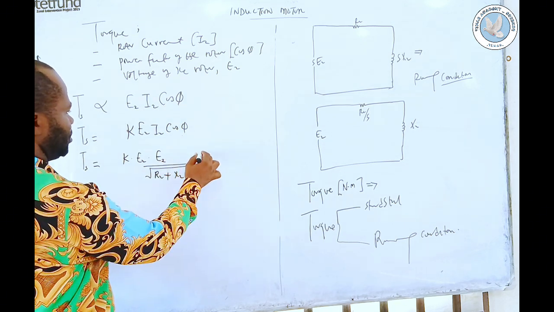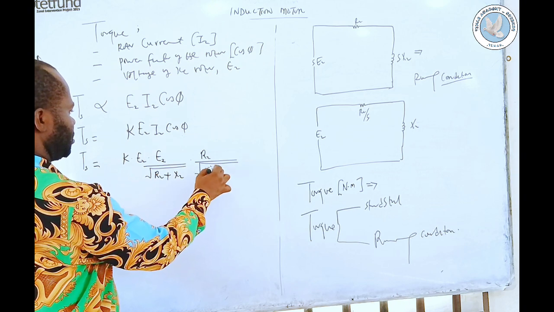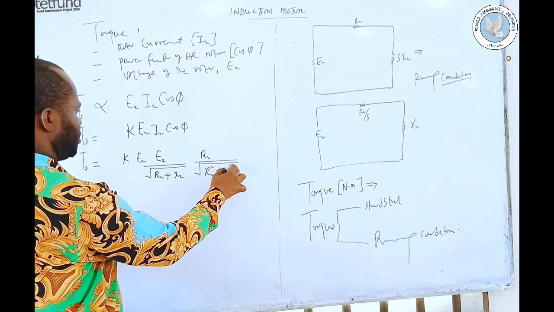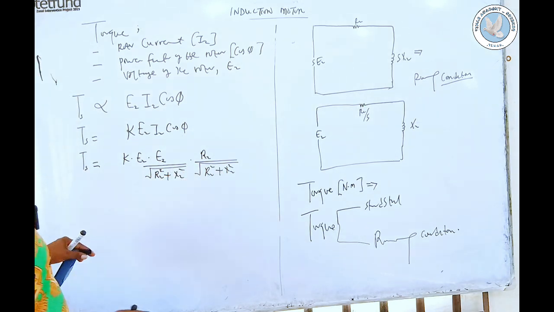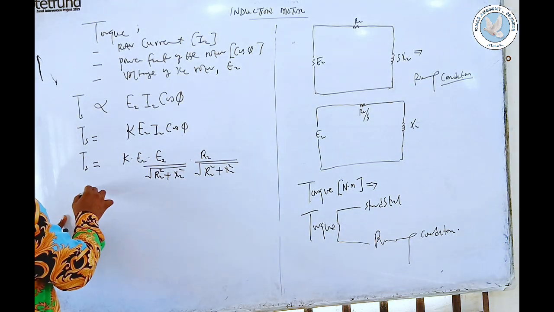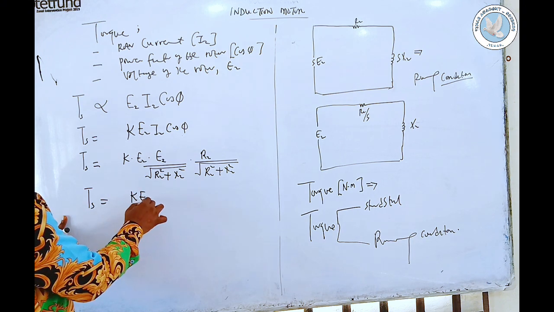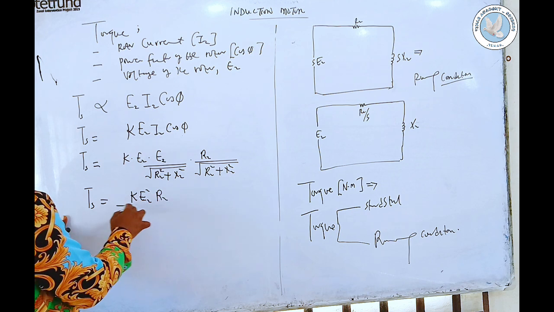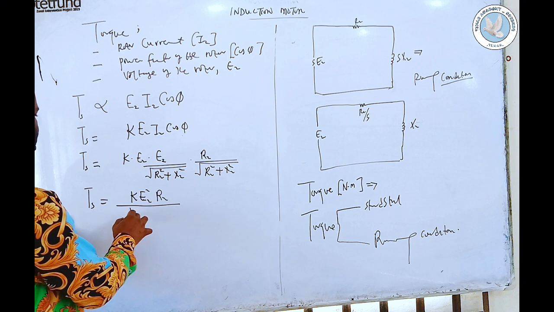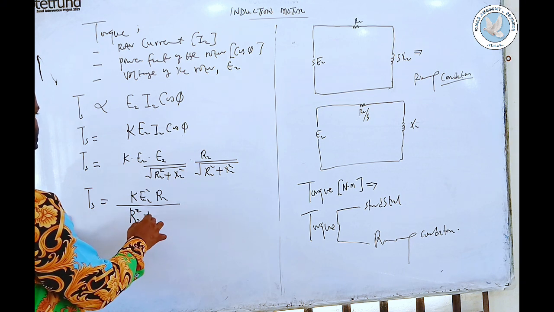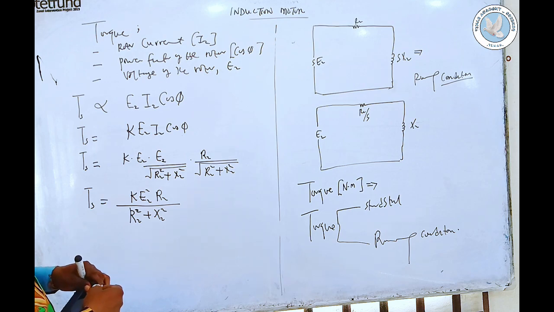And also this is resistance divided by the impedance. When we want to simplify this expression, this cancels out the square root. We're having this plus this.